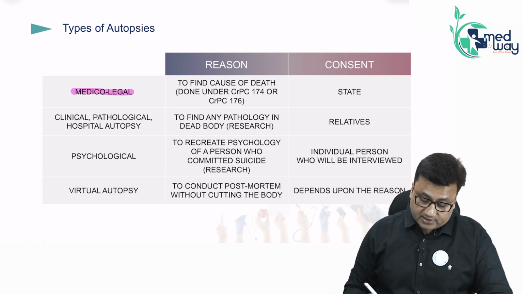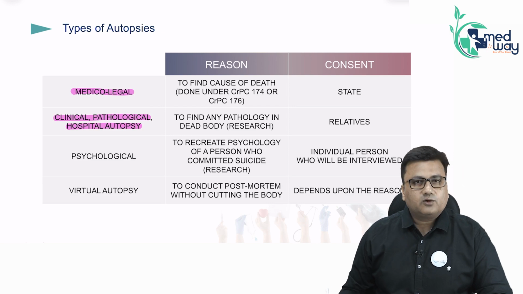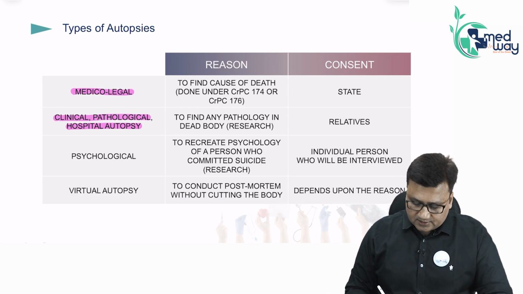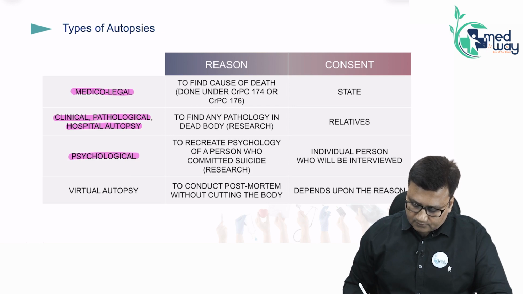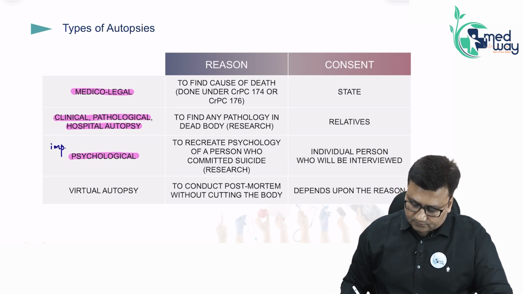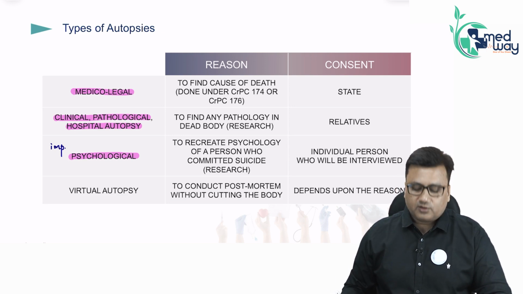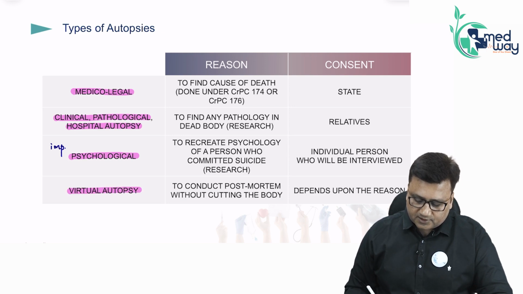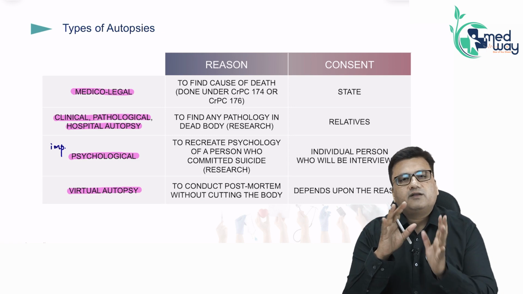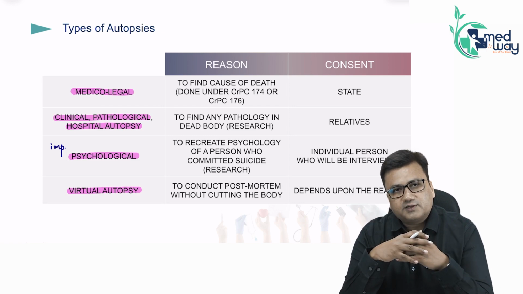Then there is something called clinical or pathological or hospital autopsy. Then we hear something called psychological autopsy. Now, this form of autopsy is very important to remember. And then we also hear something called virtual autopsy. So, first of all, let's see what these different forms of autopsy are.